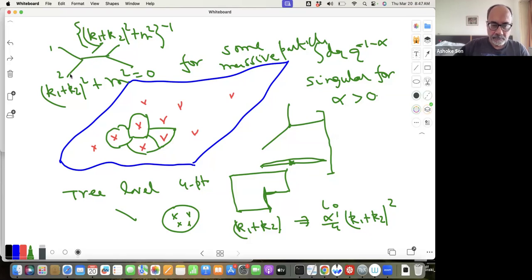So its renormalized propagator will have an imaginary part, and that's what makes this finite. But that requires the full-fledged field theoretic analysis; you cannot do it at the Feynman diagram level.